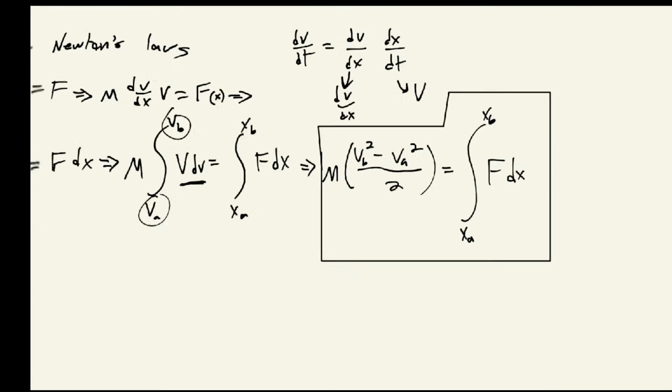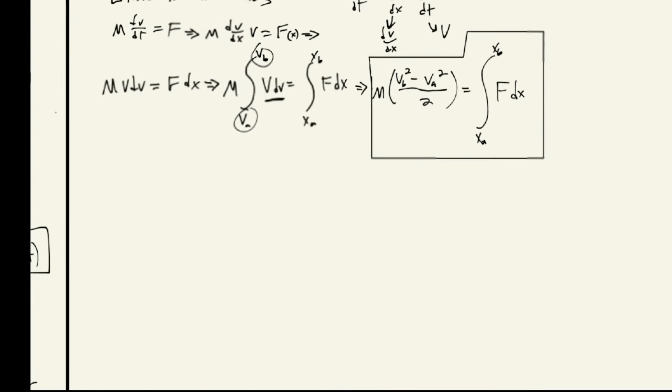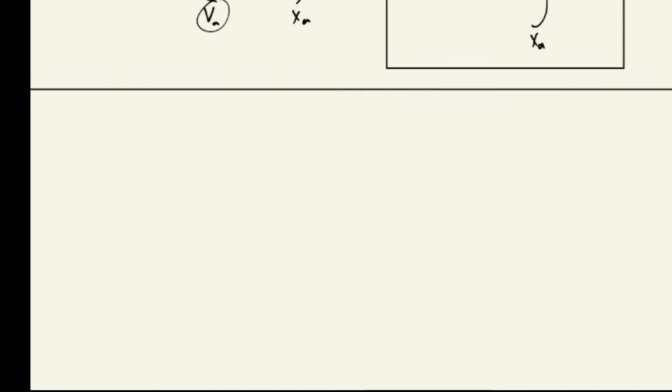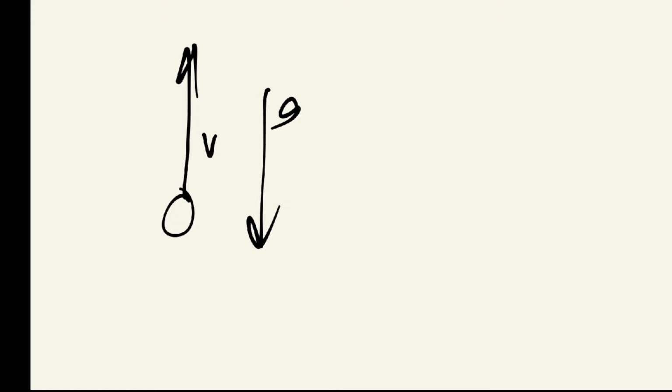Okay, let's take a look at an example. So let's just make a line, and the example will be simply the good old ball flying up into the air with some velocity v, and some force pulling it down, some force g. Let's understand its motion.